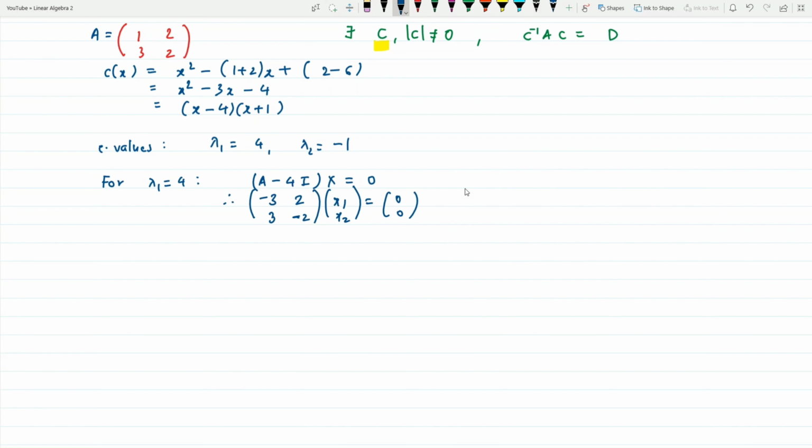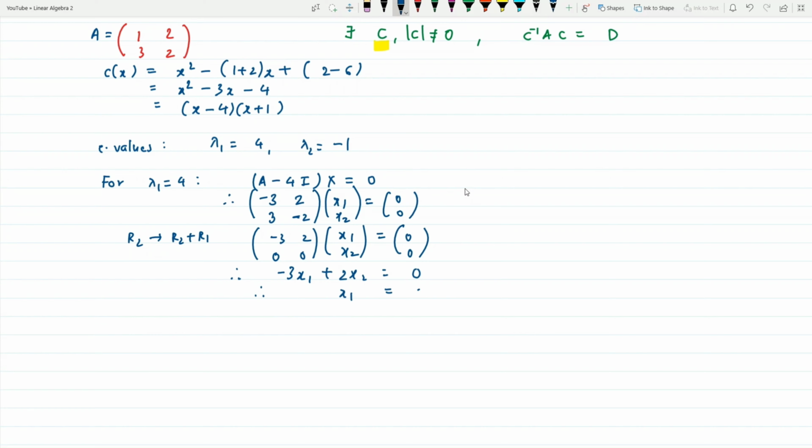Performing row operation R2 changes to R2 plus R1, we get -3, 2, 0, 0 times x1, x2 equal to 0, 0. And this gives us -3x1 plus 2x2 equal to 0. This gives us that x1 is equal to 2 over 3 x2. If I put x2 as 1, we get x1 as 2 over 3.